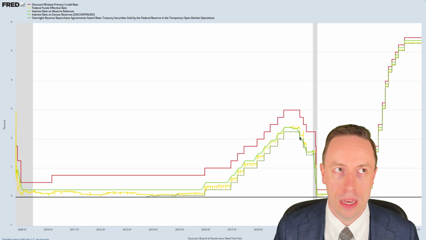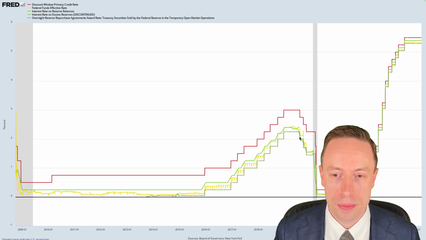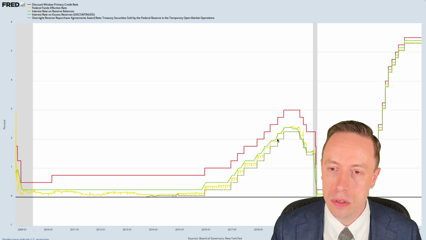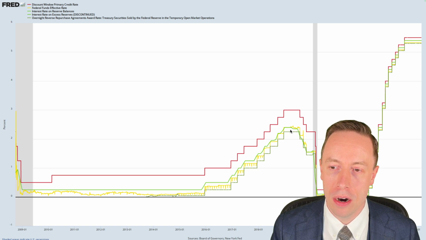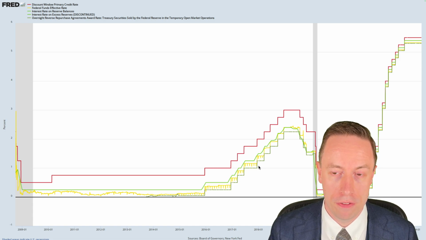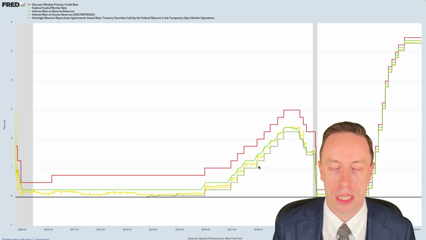So if a financial institution wants to borrow from a non-bank, it's going to have to offer a little bit more. So you'll see that yellow line always be above the dark green line, because the people who've got the money from the dark green line, our non-bank financial institutions, why would they ever take that deal? You can go to the Fed instead.